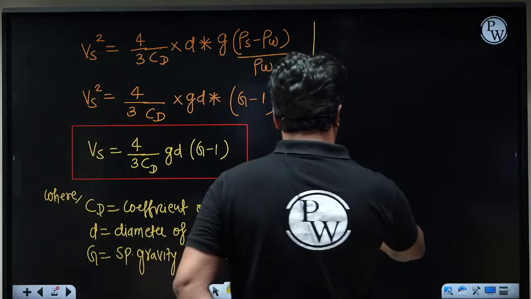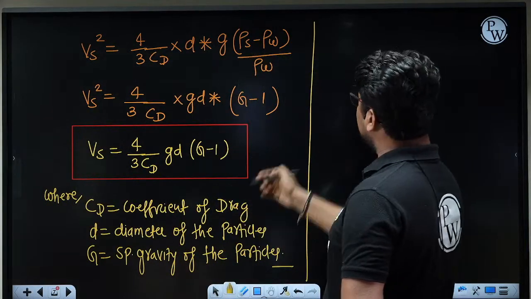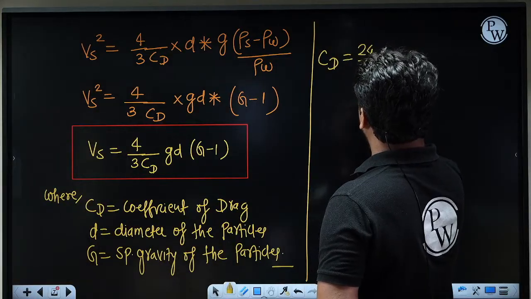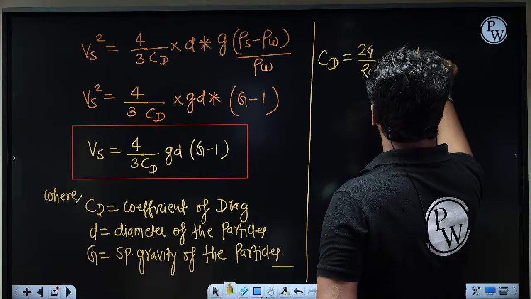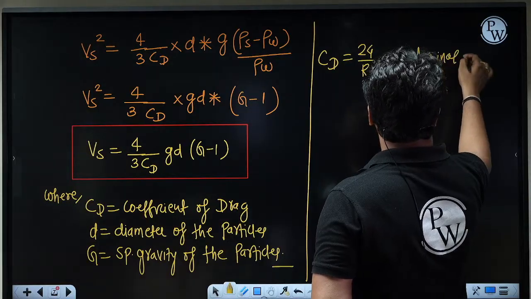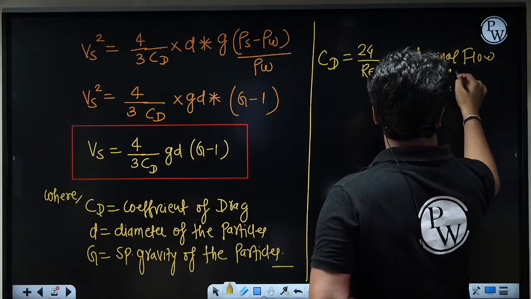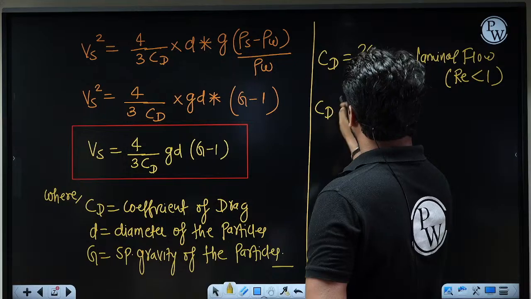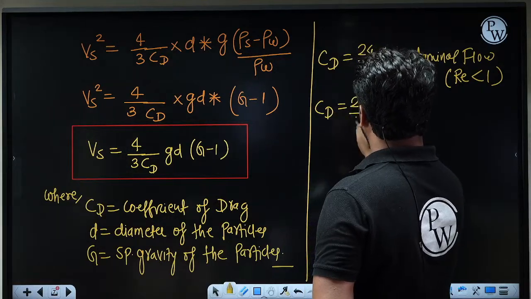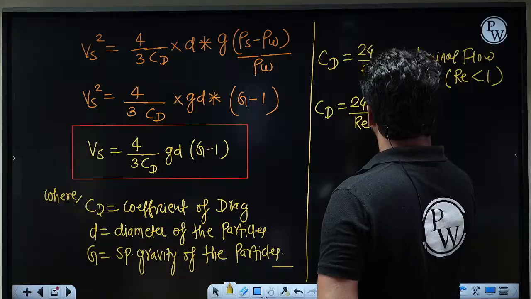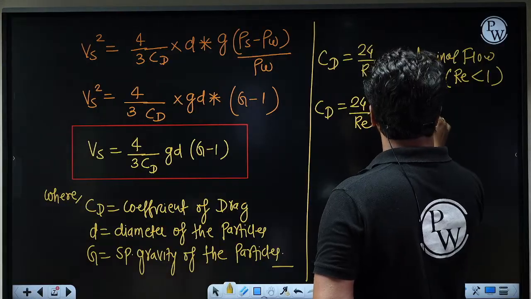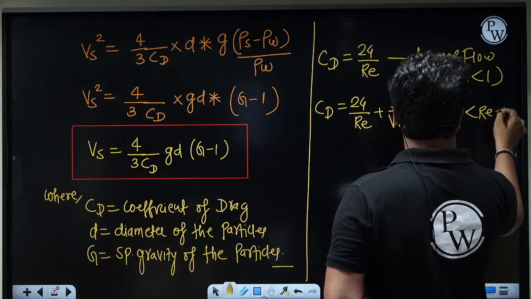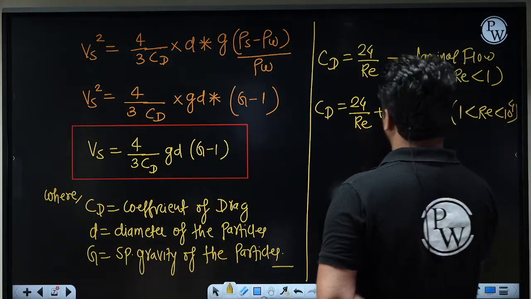Clear? Now, for the coefficient of drag, we have different values, like we have 24 upon Re. This is for laminar flow, where Re is less than 1. CD will be equal to 24 upon Re plus 3 upon root under Re plus 0.34 when Re is greater than 1 but less than 10 to the power 4.